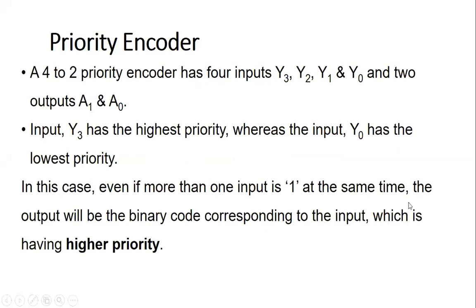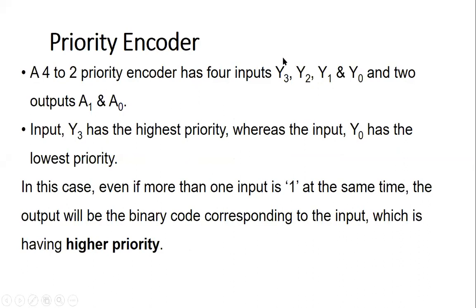Now the next encoder we are going to see is a priority encoder. In the priority encoder, we are going to design a 4:2 priority encoder, where I'll be having 4 inputs and 2 outputs. Now in a priority encoder, what happens? The input equivalent to 1 will always have the highest priority.